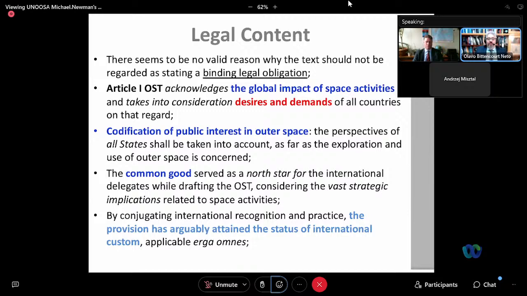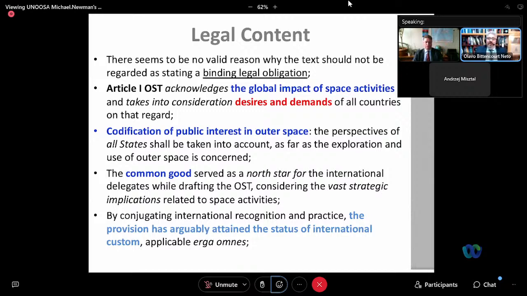We must never lose track of the moment when the Outer Space Treaty was drafted back in the late 1960s. By contemplating the concerns of non-spacefaring nations, it was such an inclusive provision and quite relevant back then to developing nations as a whole, because that was a time when space activities were basically reserved to the major global powers.